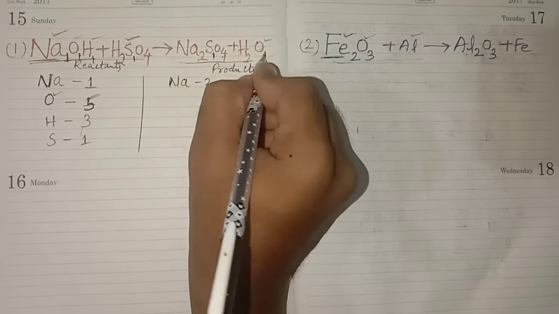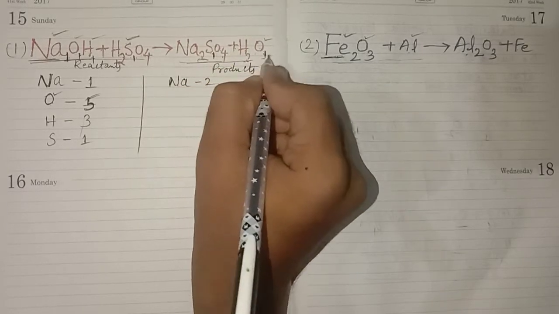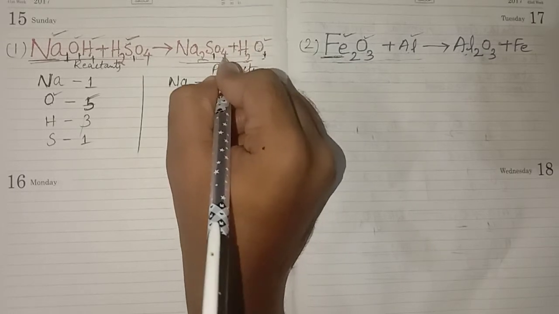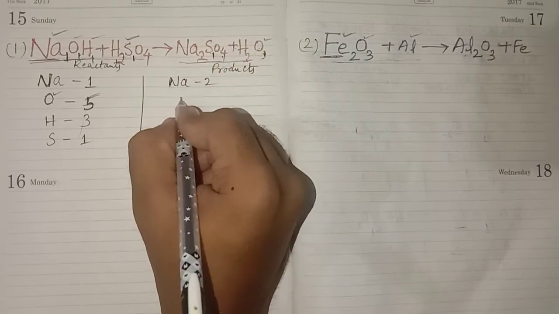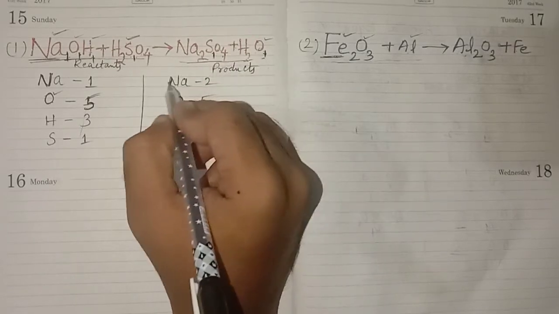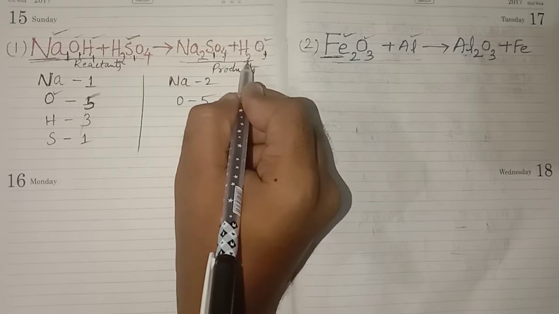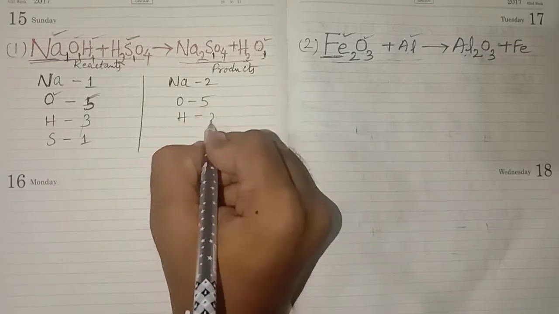So 1 atom of oxygen here and 4 atoms of oxygen there. 1 plus 4, that is 5 oxygen atoms. Next, hydrogen: how many hydrogen atoms are there in this compound? 2.